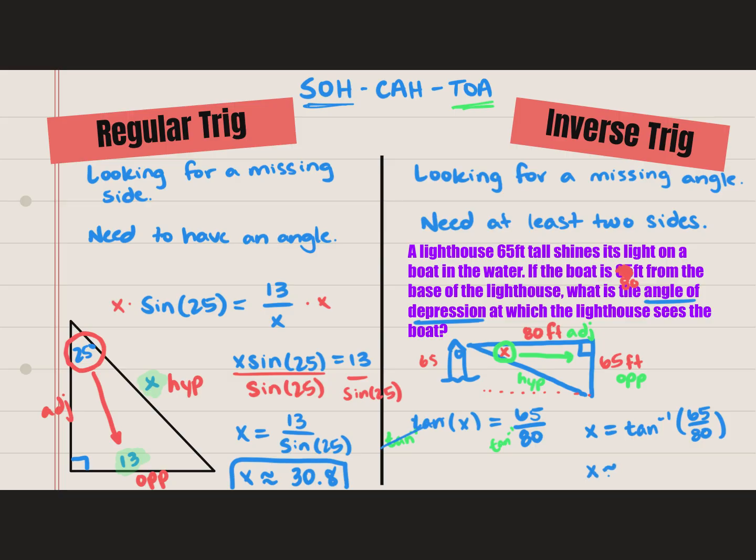And I type that into my calculator. You can use the second button on your calculator to get to the tangent, or if you're using your graphing calculator, there's probably a button for all your trig functions. So I'm going to hit inverse tangent 65 divided by 80, and that's going to give me, rounded to 3 sig figs, 39.1 degrees.